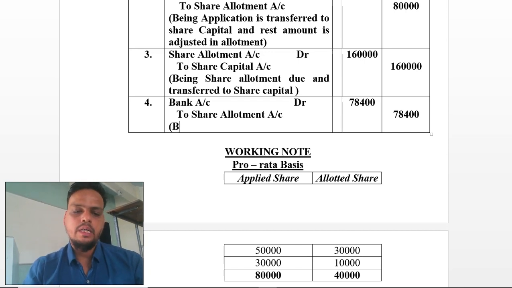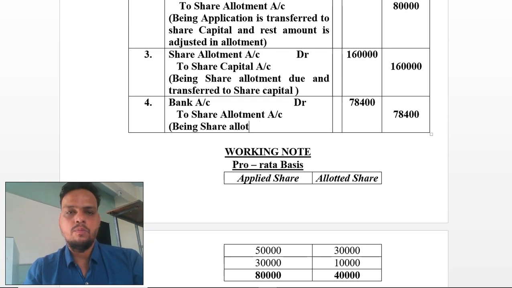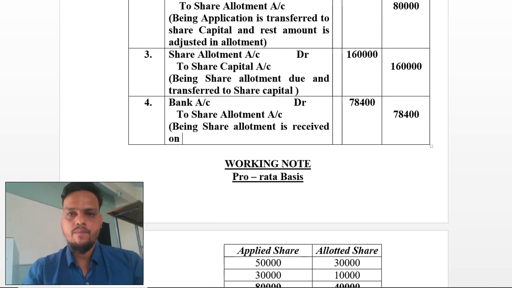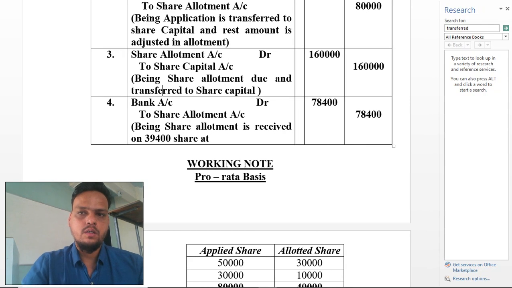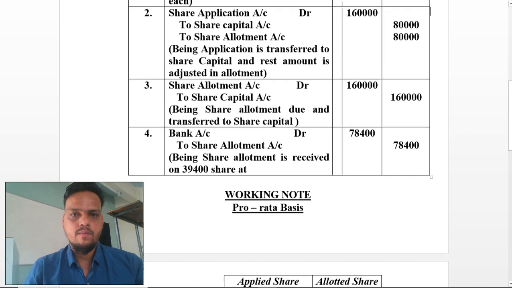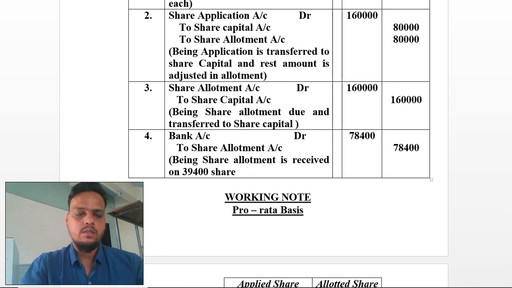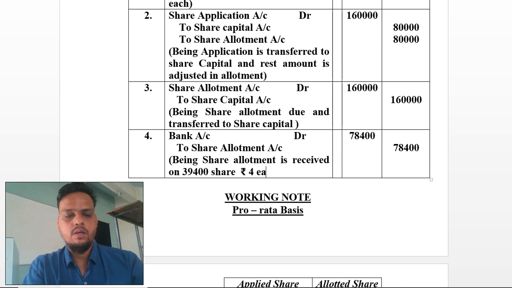Let's begin with the entry narration: being share allotment money received on 39,400 shares at rupees 4 each.